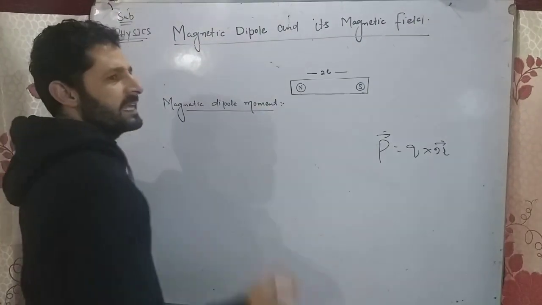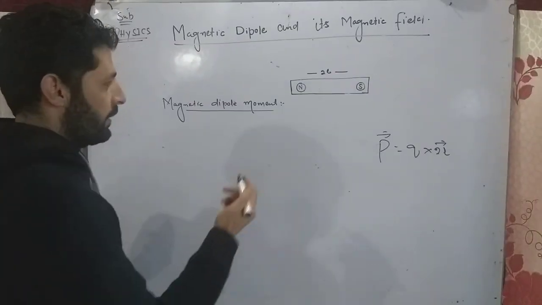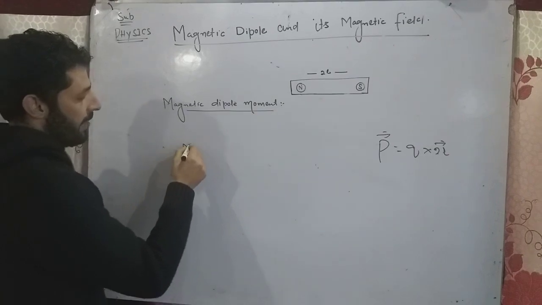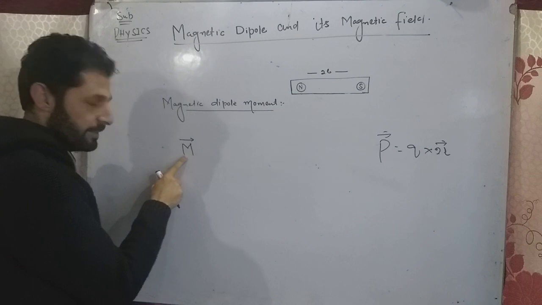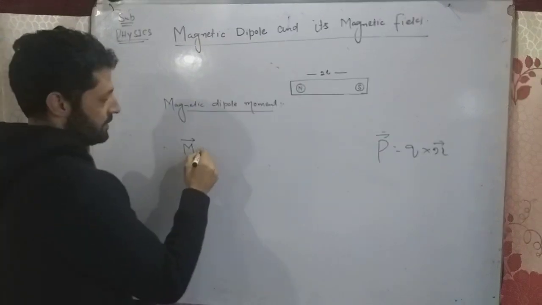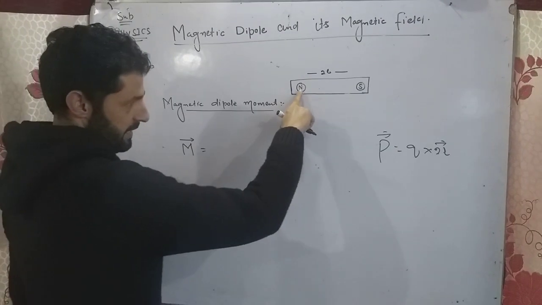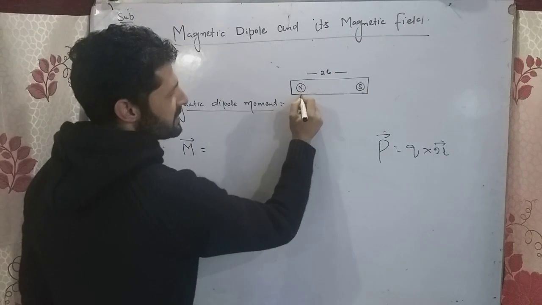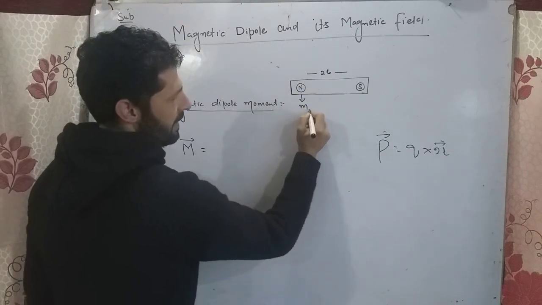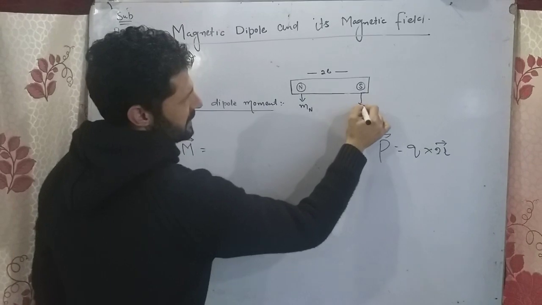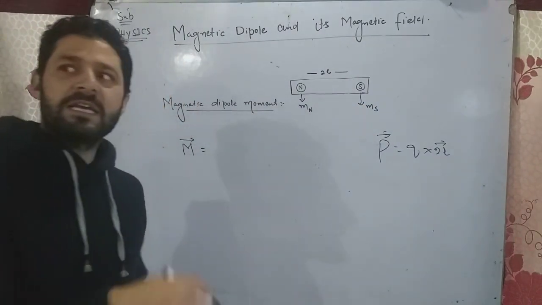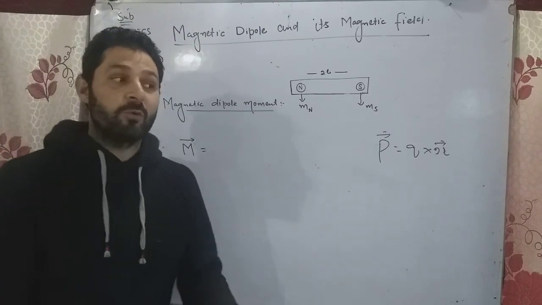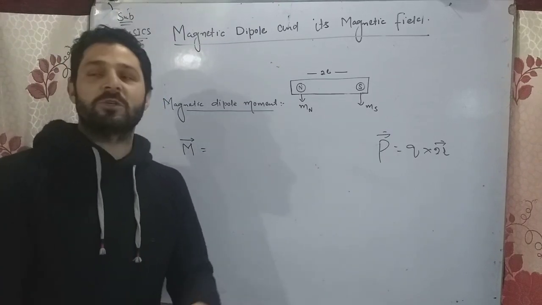इन दो पोल में से एक पोल की स्ट्रेंथ ले लो और dipole length ले लो, it is denoted by m. Here in electric field it is denoted by p. Here in magnetic field it is denoted by m. Pole strength of north pole is mn, and pole strength of south pole is ms. In case of electric dipole, the dipole is made up of two equal and opposite charges, so the magnitudes of charges are equal.